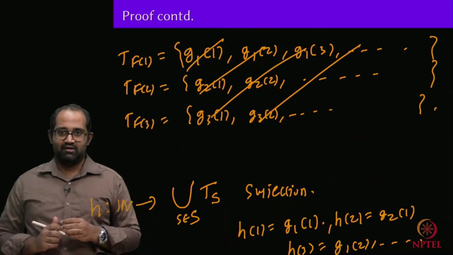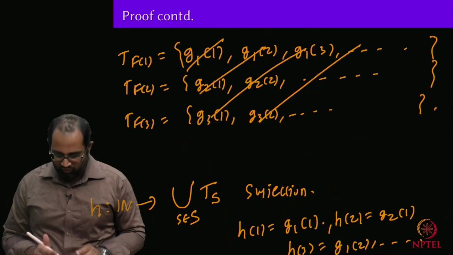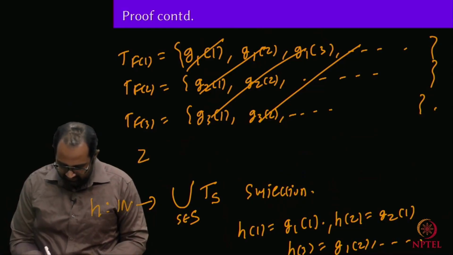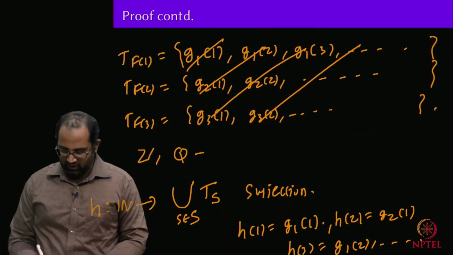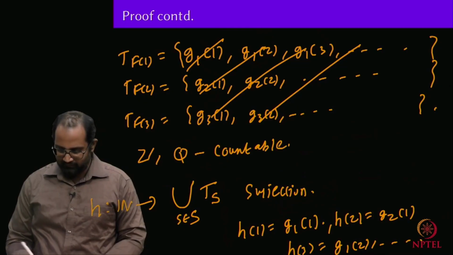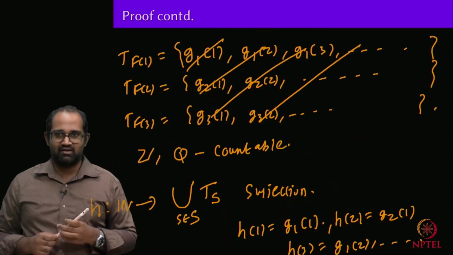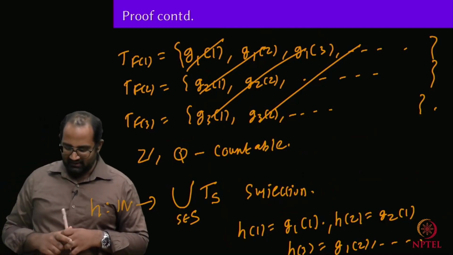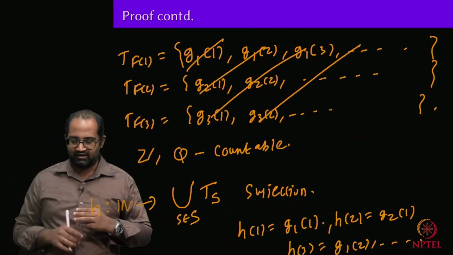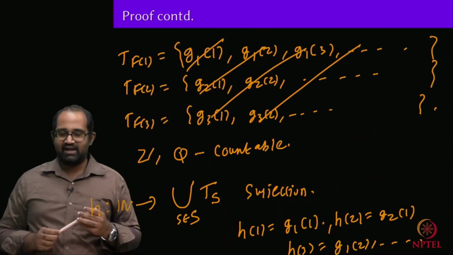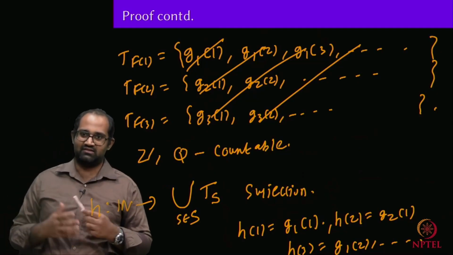Using this, you can easily show that the integers and the rational numbers are both countable. Please do that. It's instructive. The Q case is particularly interesting. Just try to do it.